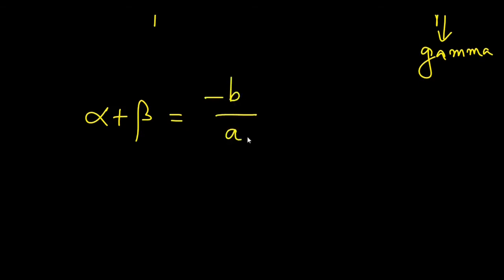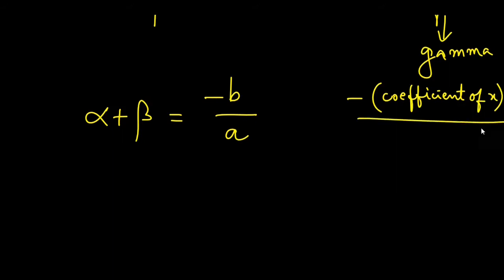So sum of zeros, alpha plus beta, is equal to minus of coefficient of x by coefficient of x square.